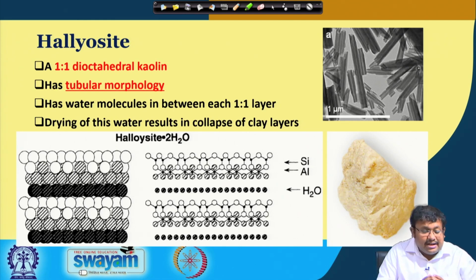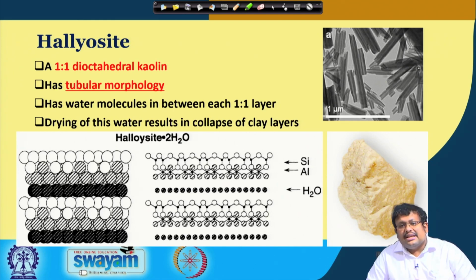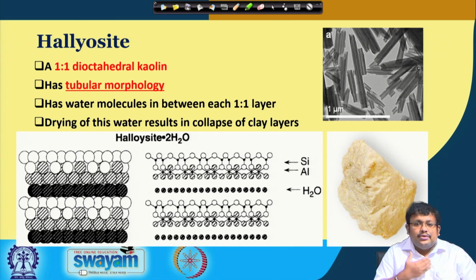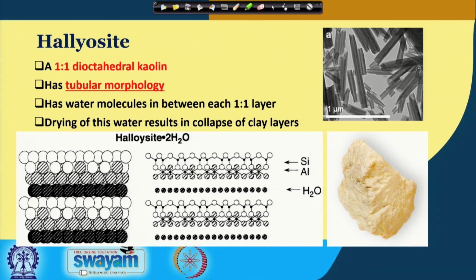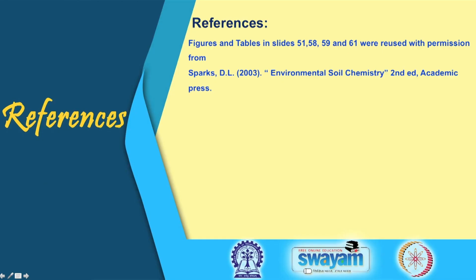We have completed kaolinite and halloysite, and in the next lecture we will start discussing 2:1 type of clay mineral. We will be discussing pyrophyllite, talc, illite, mica, vermiculite, and 2:2 type of clay minerals, and other types of secondary minerals.